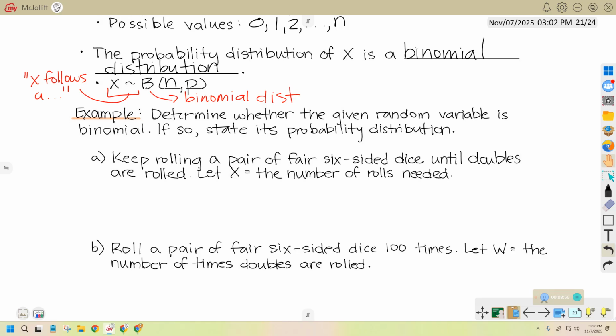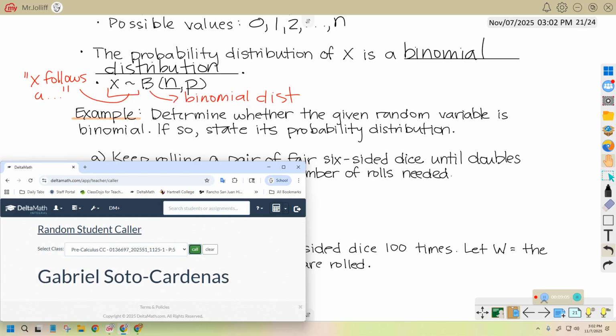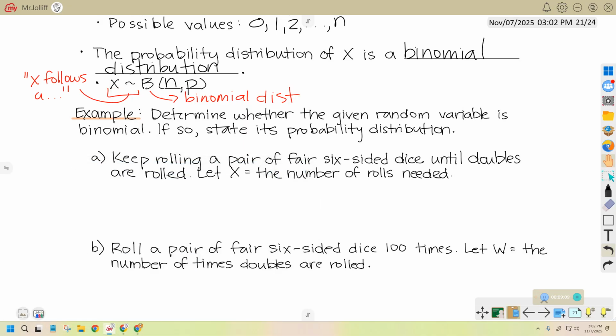Okay, let's go through this as a class. Before I pull up my random name generator, do I have a volunteer? I do not. Okay. Jaylene, did your table think that this was binomial or not binomial?